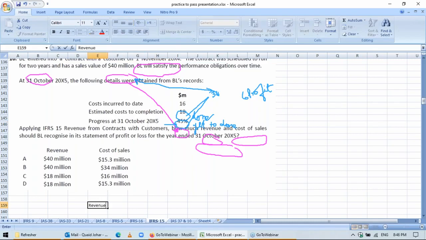So the revenue that will be recognized should be 40 million, the full price, multiplied by 45%. This is 18 million, and the cost that will be recognized will be 45% of the full cost. The full cost is 16 plus 18, 34, multiplied by 45%.